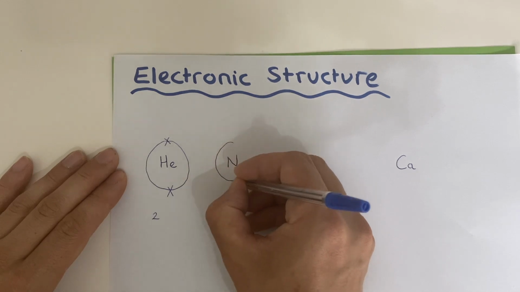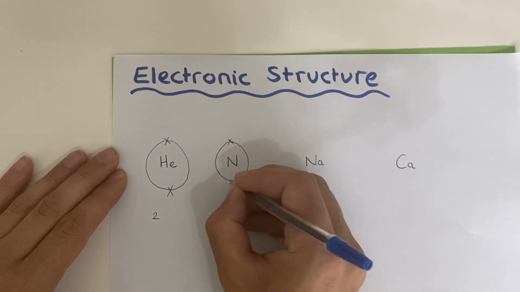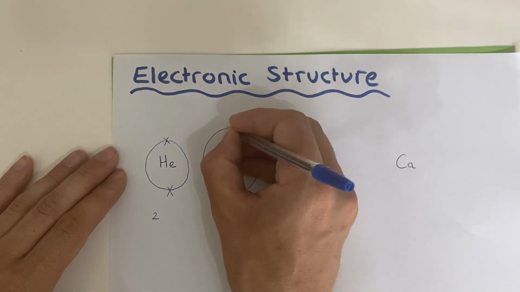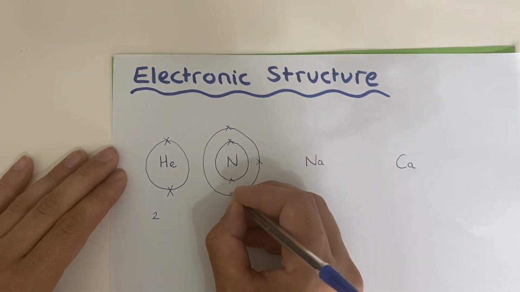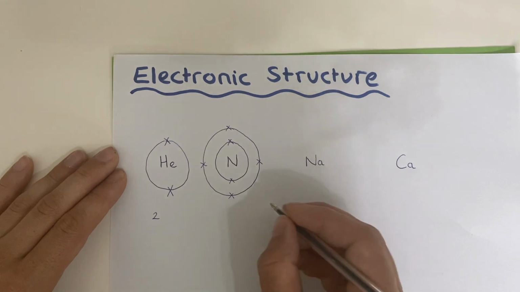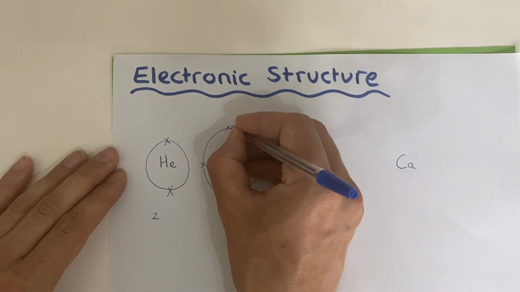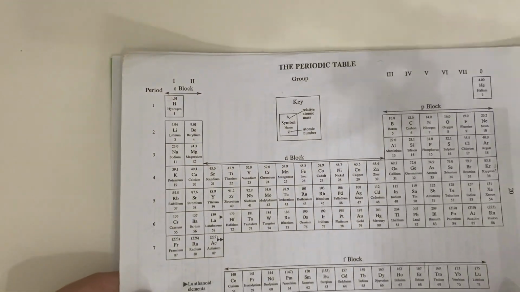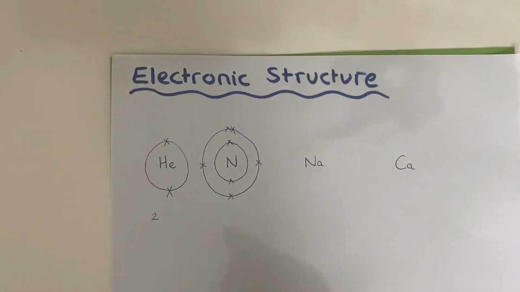So I can fit a maximum of 2 in the first shell. I've got 5 left, so I'll draw a second shell. 1, 2, 3, 4, and then we start pairing them up. 5 electrons for nitrogen. Sodium, 11 electrons.